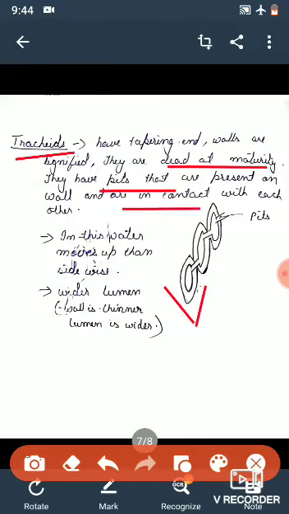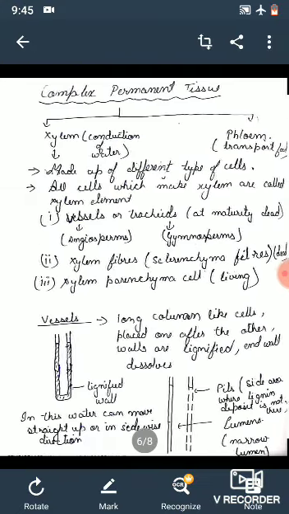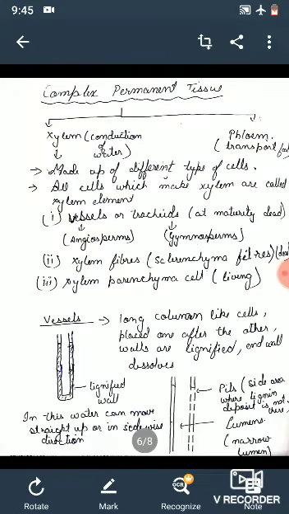In tracheids, the water first moves up, then sideways, then up and sideways again. In this way they help in the upward conduction of water. The difference between tracheids and vessels is that in tracheids the lumen is wider, whereas in vessels the lumen is narrow.